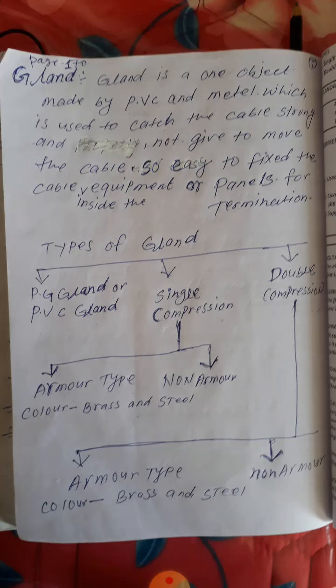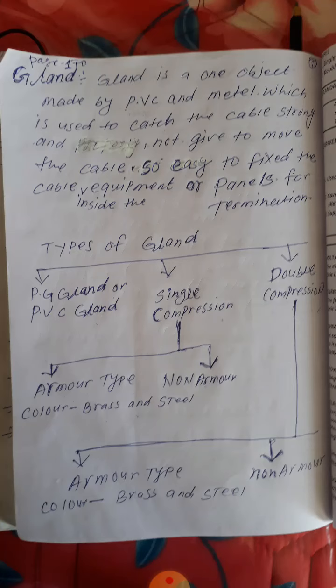As we said before, cable is also two types: armor type and non-armor type. If a non-armor cable is coming, you can use a non-armor gland. If an armor cable is coming, you can use an armor gland. You can check the cable and then fit the gland.